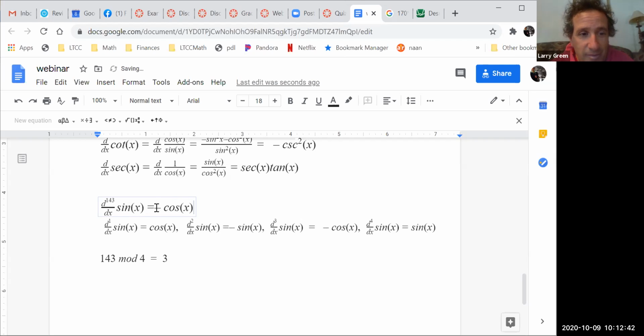So it's one of those, not that hard if you have a good strategy. But if you try to do this by literally taking 143 derivatives, you would give up because it'd be too boring. Y'all agree? But this isn't too hard as long as you understand that every 4 times you're back to where you started. Same is true of cosine x. You take the fourth derivative of the cosine x, you get the cosine of x. So it has a differential periodicity of 4.